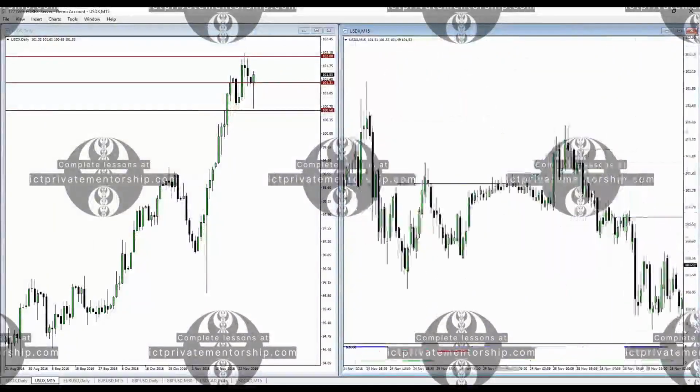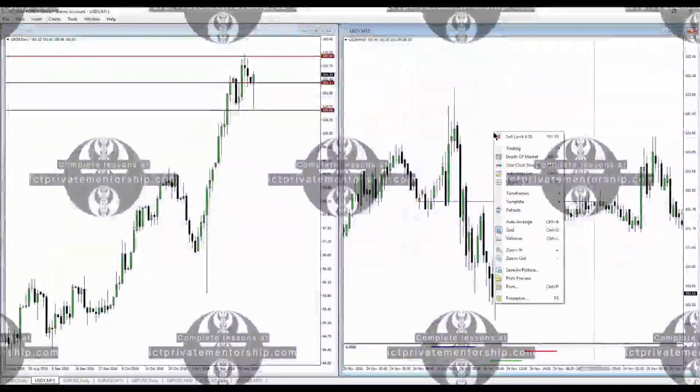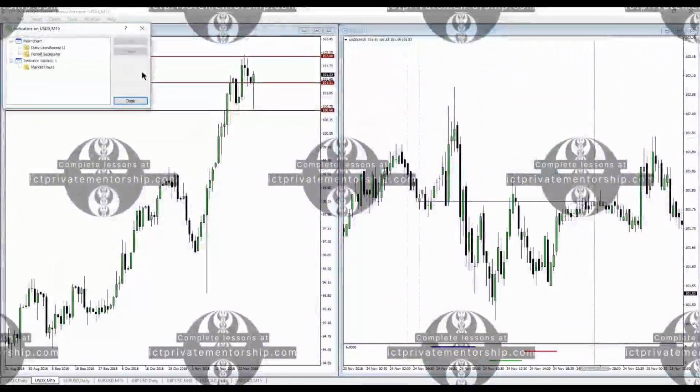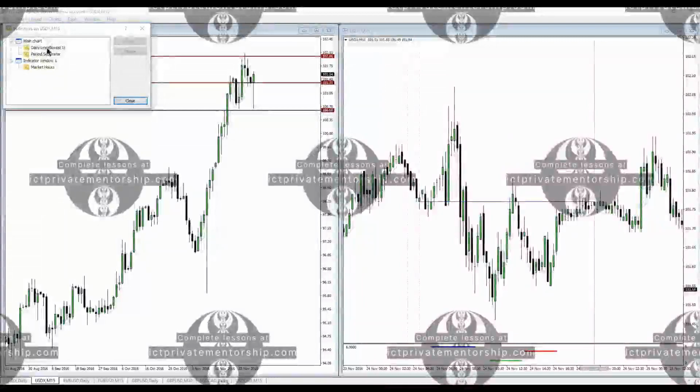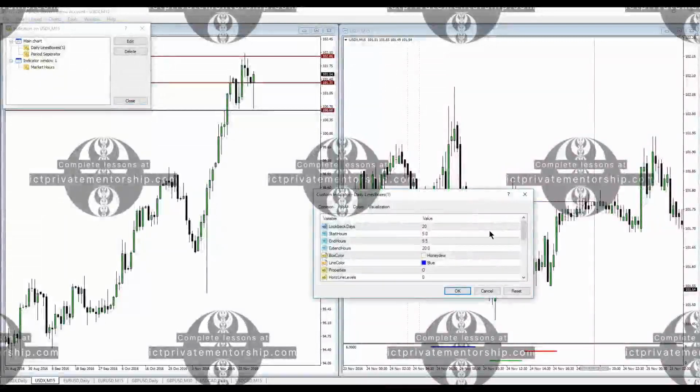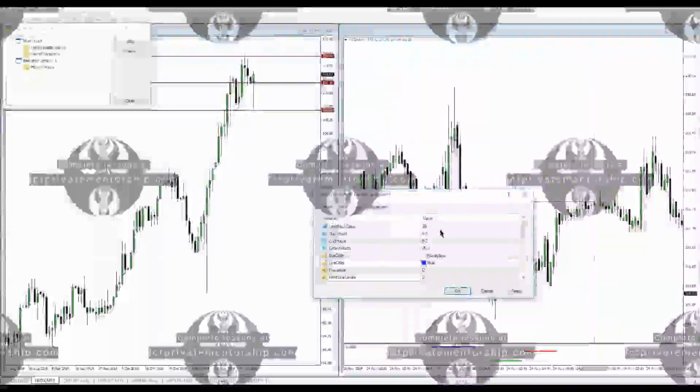Every day has that. The way I get that to show up on my chart is I use the daily box indicator, and the settings for that are this. For the look back on number of days, you can have that be whatever you want.